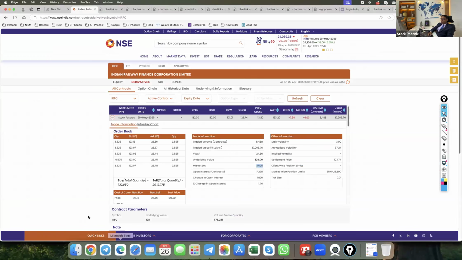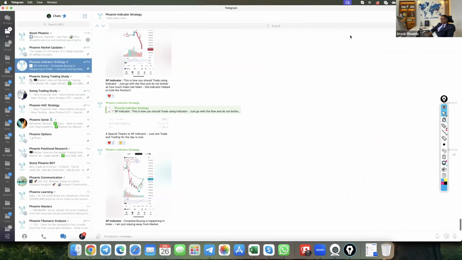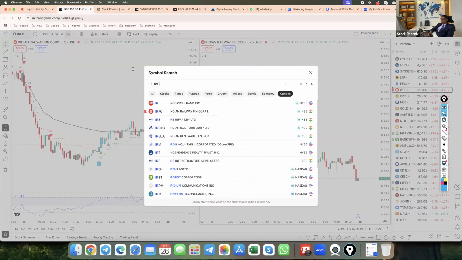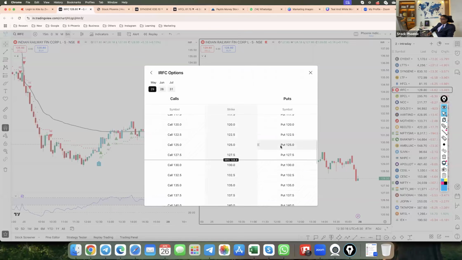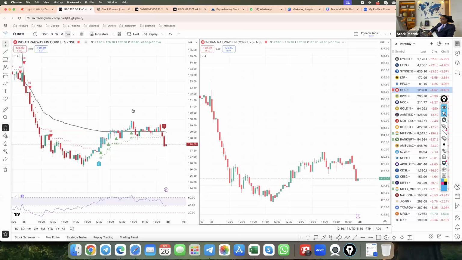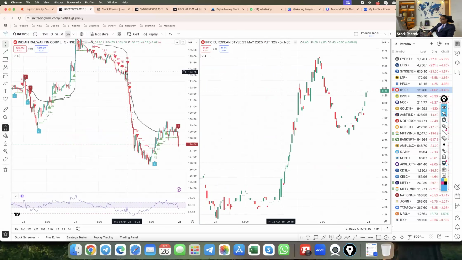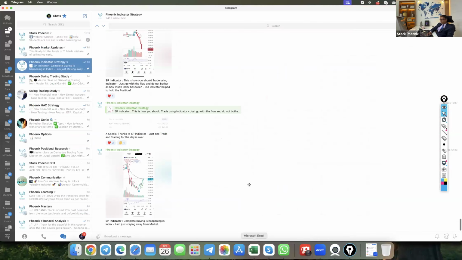So when we go to IRFC, the 125 put option. When we got a sell alert, the price was 5 rupees 50 paisa.